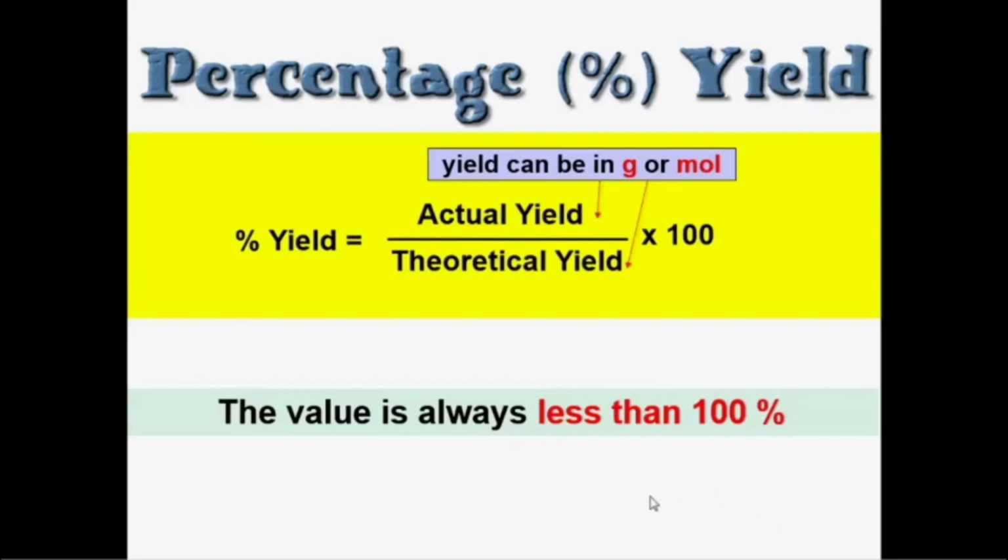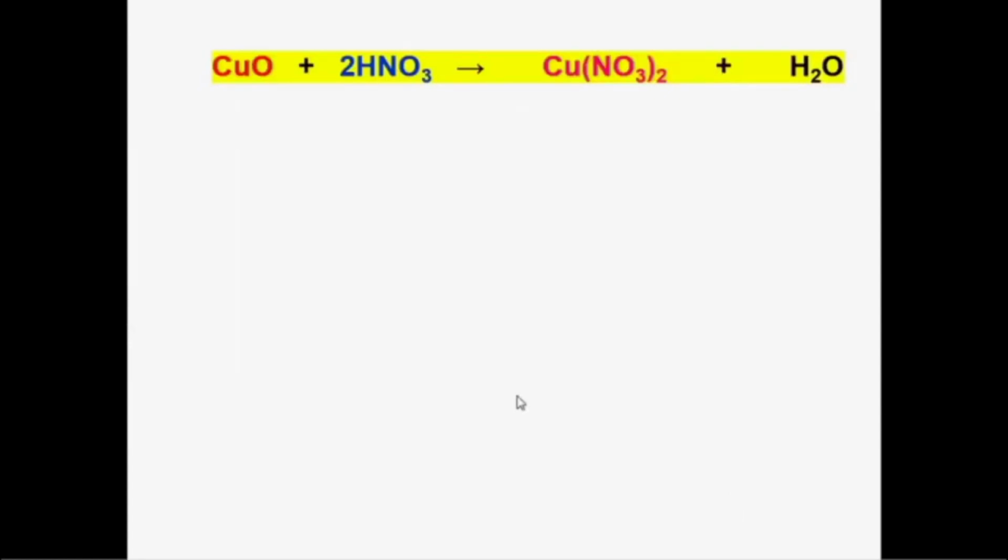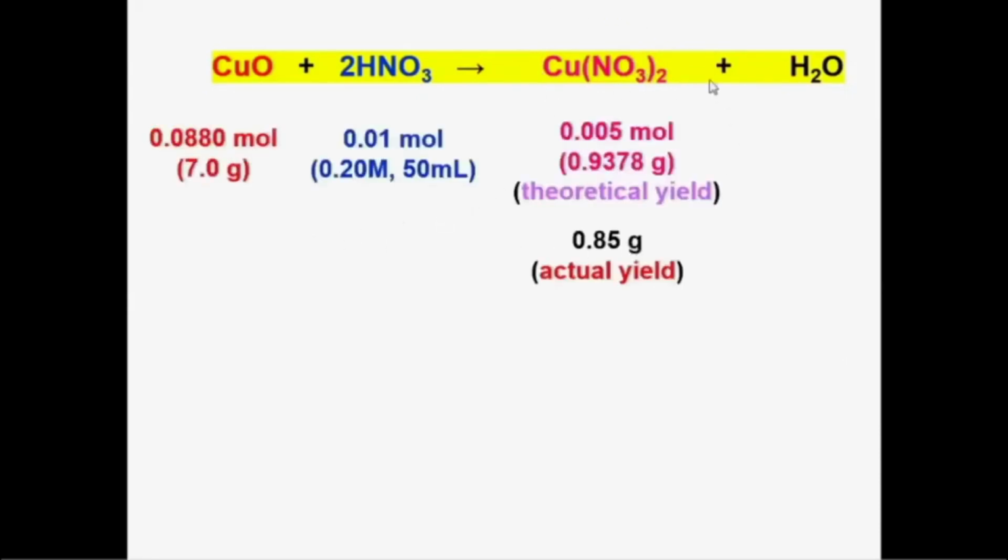Now let's look back at the question. Since we want to determine the percentage yield of this copper(II) nitrate, remember, the theoretical yield was 0.9378 grams. This theoretical yield was determined through the calculations that we did in the previous questions B, C, and also D. And this 0.85 grams, the actual yield, was given in the question.